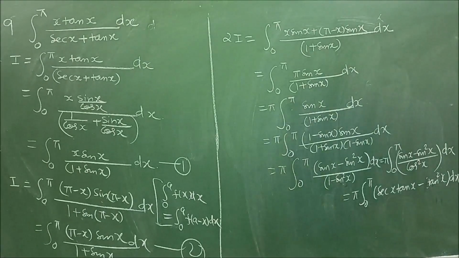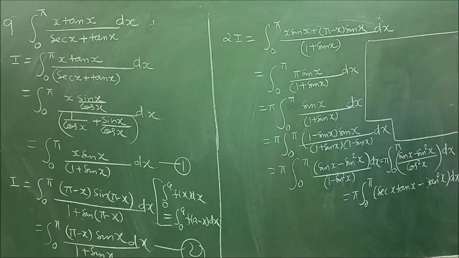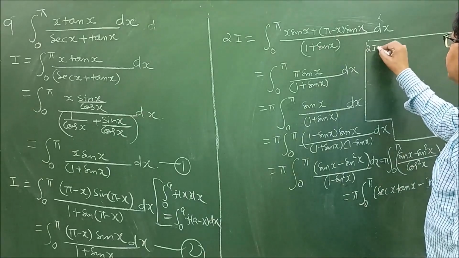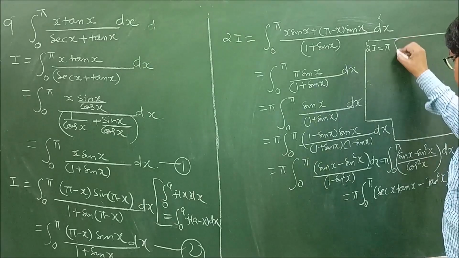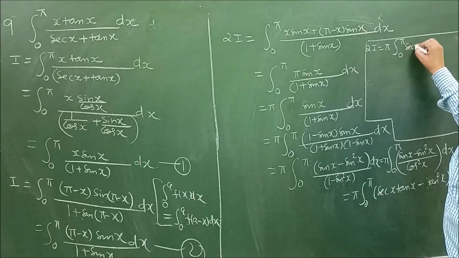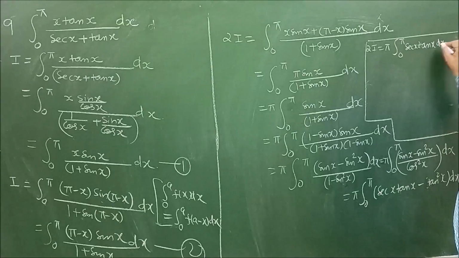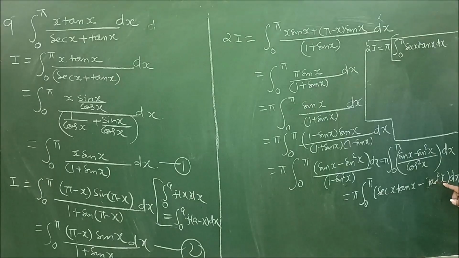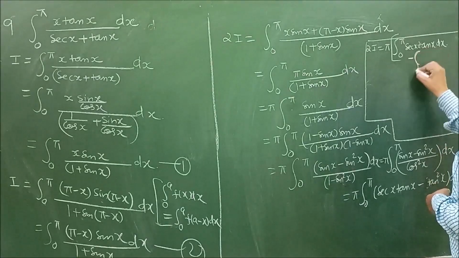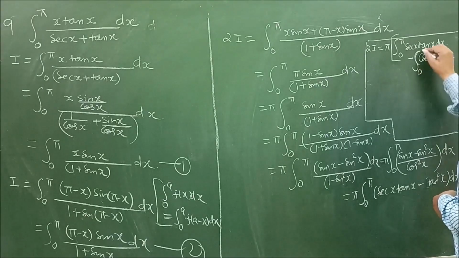So this can be further simplified, and pi is outside, so 2I is equal to pi into the integral from 0 to pi of sec x tan x dx, minus, this tan square x can be written as sec square x minus 1, so minus the integration of sec square x minus 1 dx from 0 to pi.